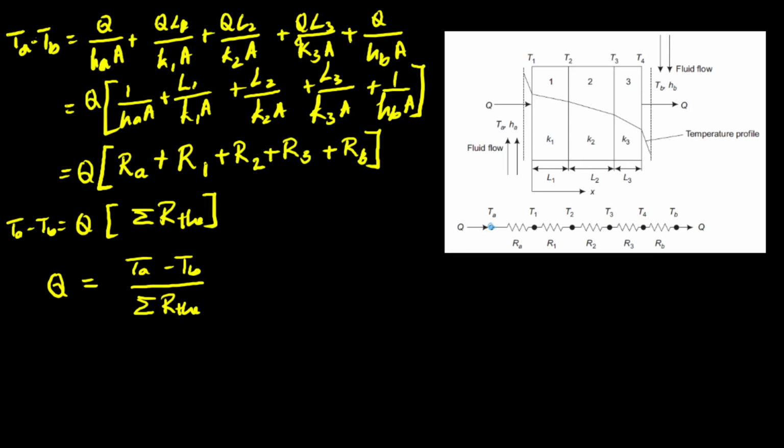So here the temperature is TA, then at the surface we have temperature T1, the interface between slab 1 and 2 has temperature T2, the interface between slab 2 and 3 has T3, then at the end of slab 3 we have T4, and the fluid at the end is at TB. So the heat is flowing throughout all the slabs, and the heat flow is the same or constant. So this is the equation for heat conduction or heat transfer through a composite wall.